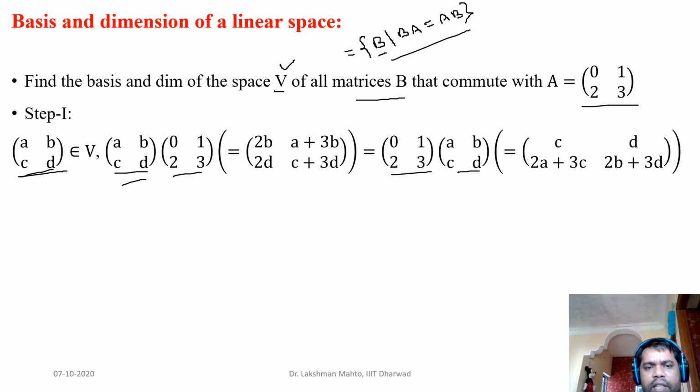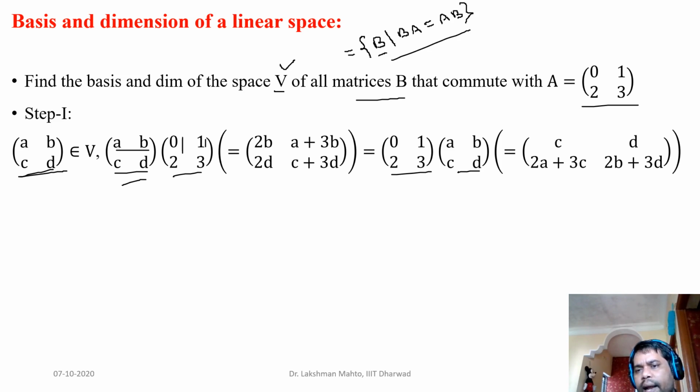And if you simplify this, if you take the product of this matrix, the product is very simple. Multiply this row with this column, and you will get 2b. Multiply this row with the second column of the given matrix, and you will get a plus 3b. Similarly, multiply the row c d with 2, you will get 2d, and multiply it with 1 3, you will get c plus 3d.